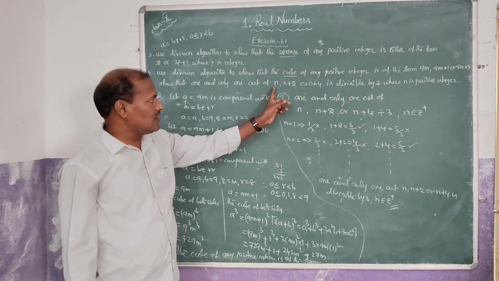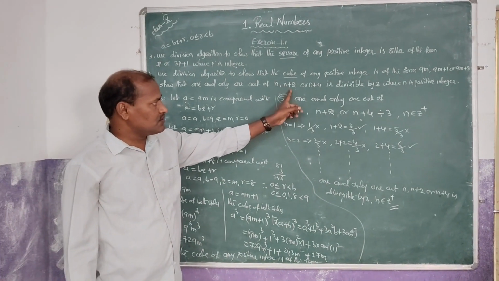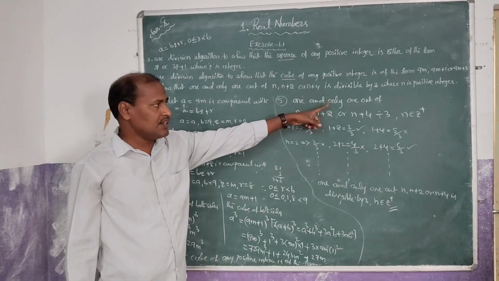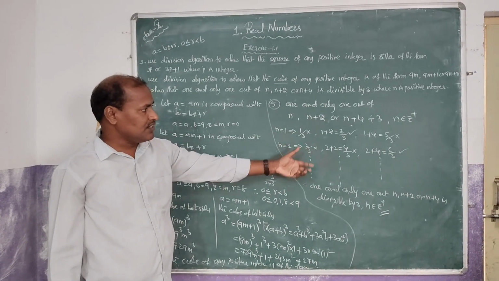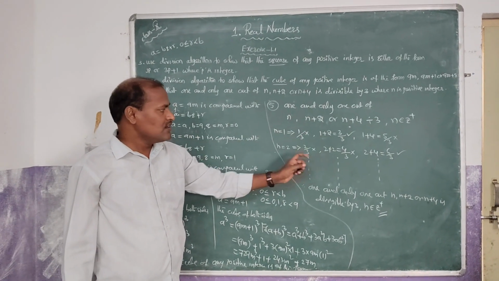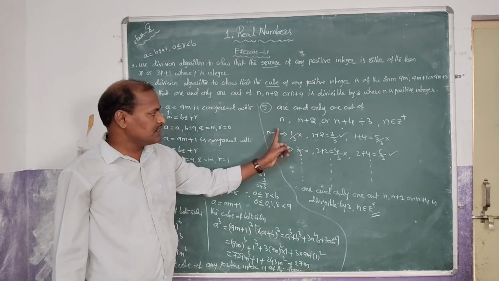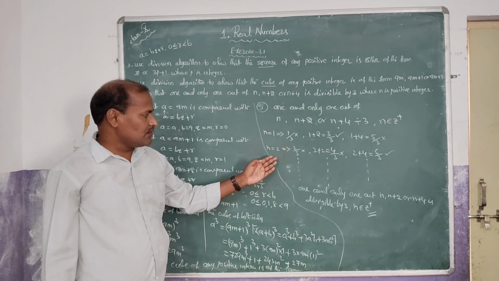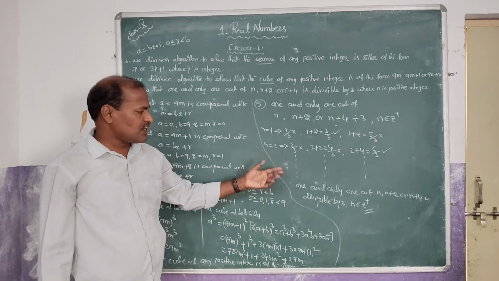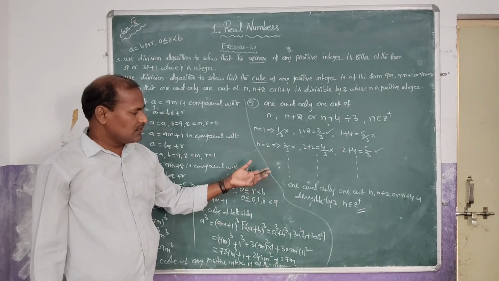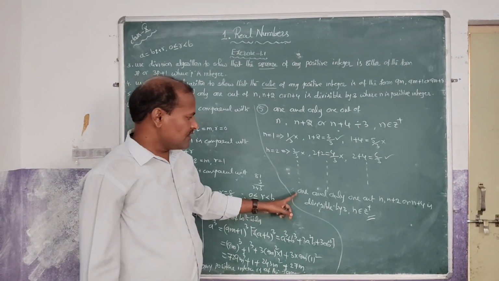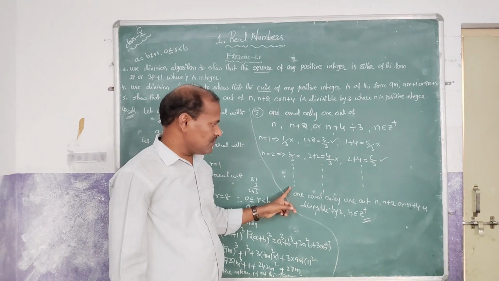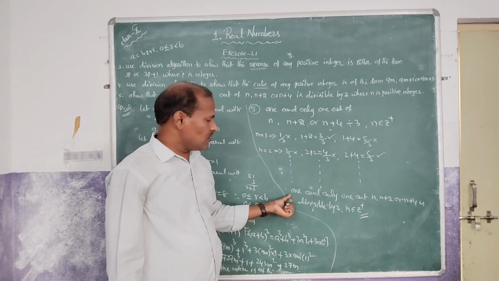Just as mentioned, n, n plus 2 or n plus 4 is divisible by 3, n is a positive integer, and positive integer means natural number. Just substitute in the n place 1, 2, 3, 4 up to infinity. Substitute one by one, 1, 2, and 3 is also possible, next 4, then mention the infinity symbol. Then write the last point only.